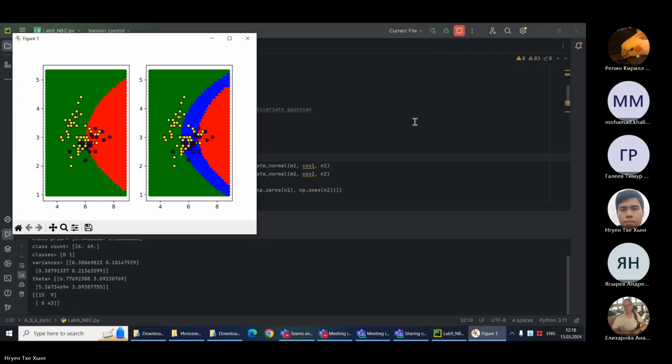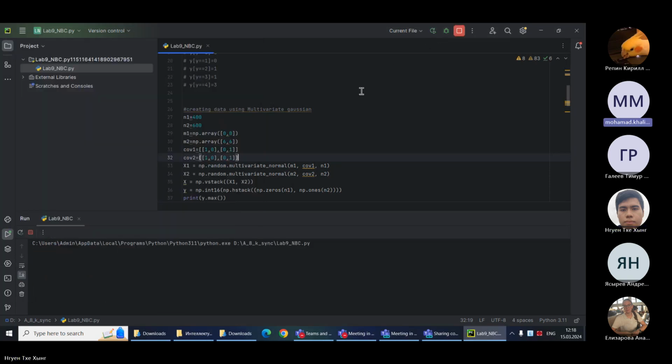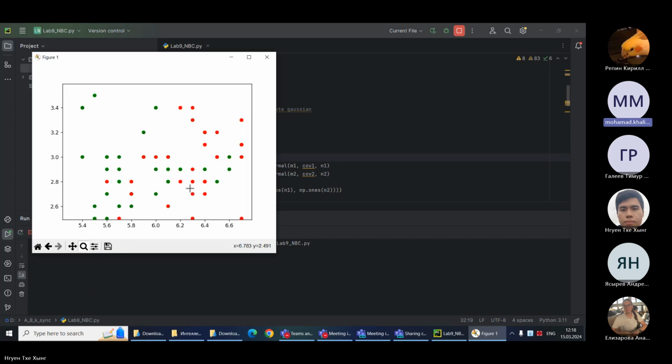Okay. Can you take only the part of 400, 600? Close the image, figure 1. Take only this part and show me.